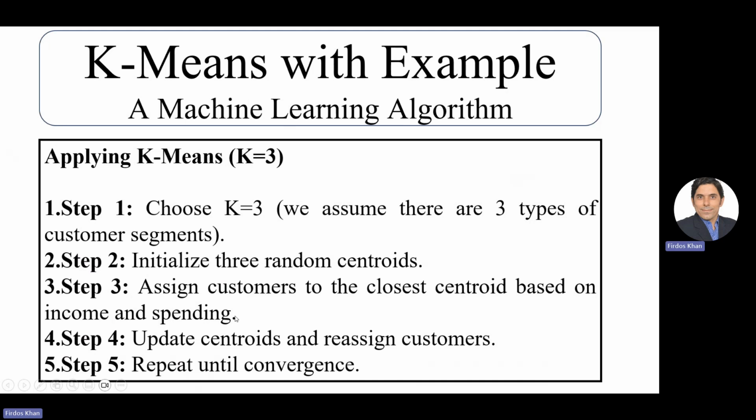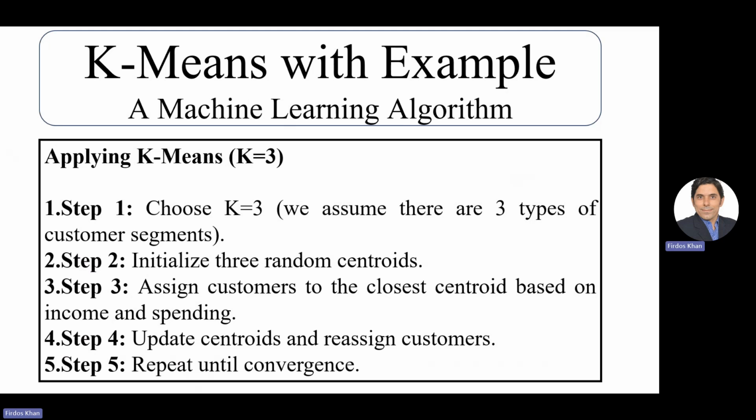Once you have decided on K equal to 3, there can be 3 groups, and you randomly initialize 3 central values, one for each group. Then you need to assign customers based on closeness to each cluster. You need to calculate the distance. You can use Euclidean distance, which we discussed in the previous video, of each point to each centroid, and then see which centroid has the least distance to the data point. The data points close to a centroid are included in that cluster.